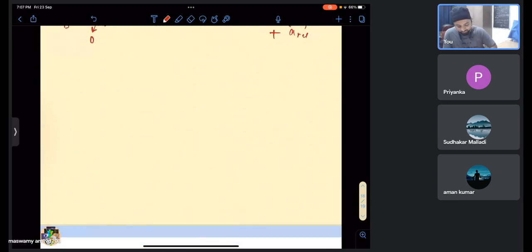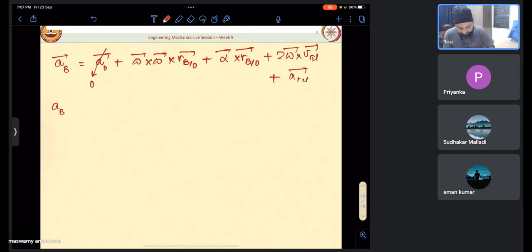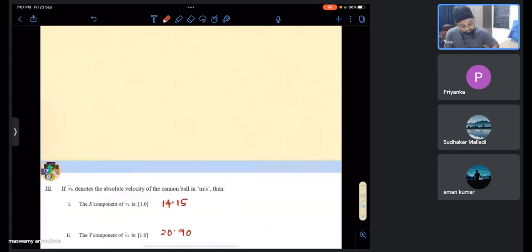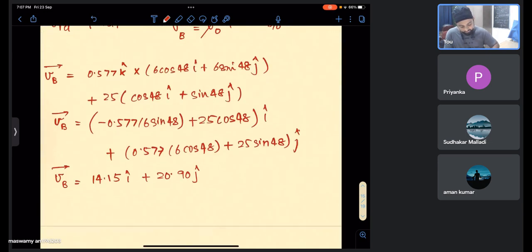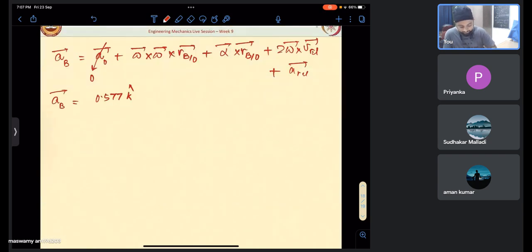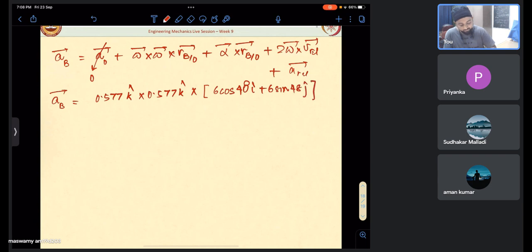Yeah, this big expression. So let us just calculate this. Zero point 577 only we took, no? Omega K cross (omega K cross (6 cos 48 i plus 6 sin 48 j)) plus 0.6 K cross this same thing.